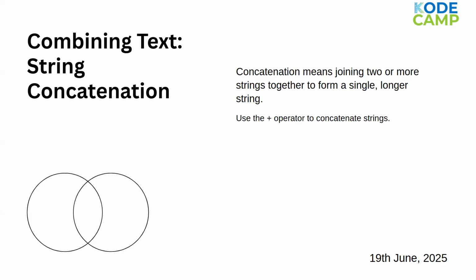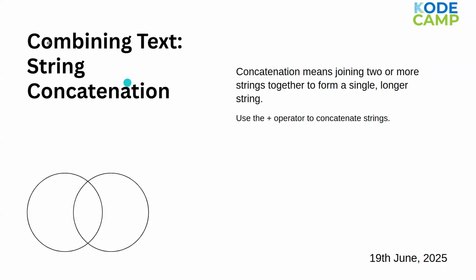So it literally means chaining together strings, right? And in C#, what do we use to chain two strings together? We use the plus operator. When we go into the demo, we will see everything clearly.